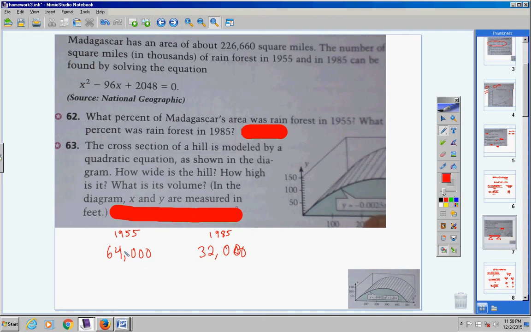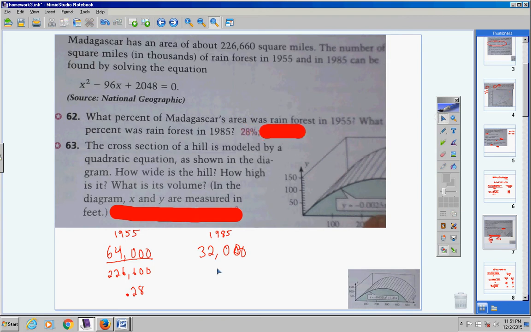So here we go. The total square mileage is 226,600, so 64,000 over 226,600 would give us 0.2824. Round that to 0.28, and 0.28 is 28%.